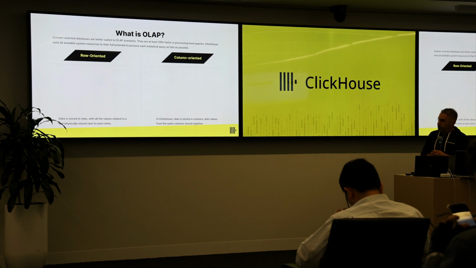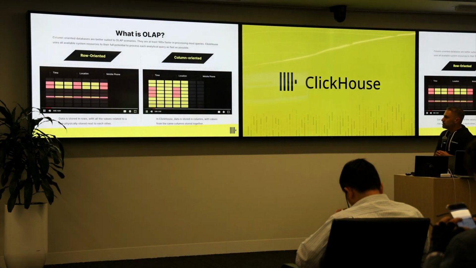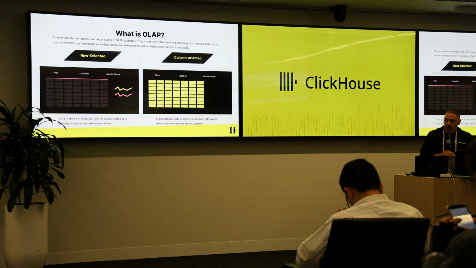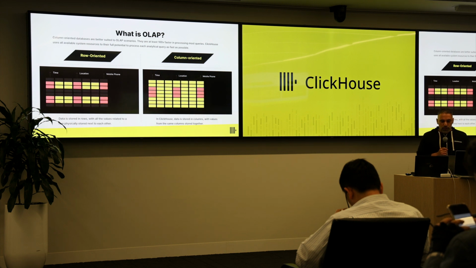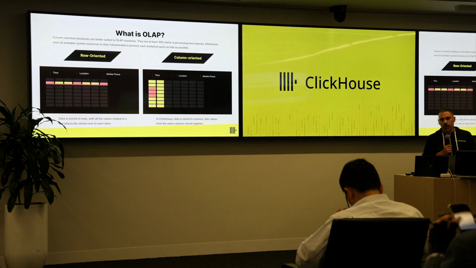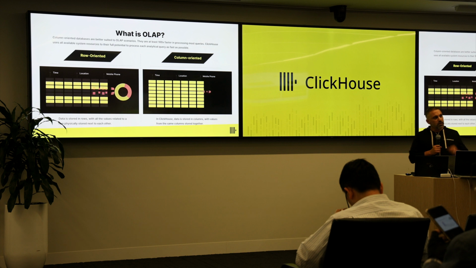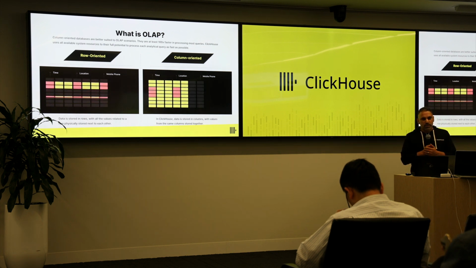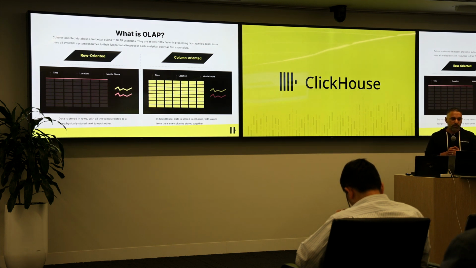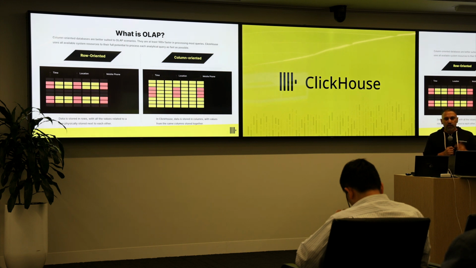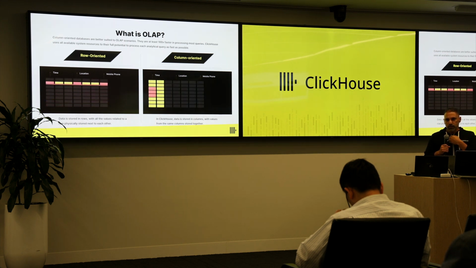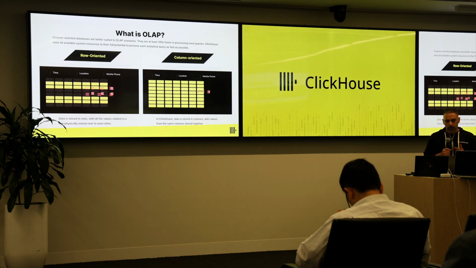And here's a really good representation of that. On the left there, we've got a traditional OLTP transactional database, and you can see that it's row-based. So every single query has to scan every single row to be able to find the column that it's looking for. And that can take a long time, especially when you're processing millions or billions of rows per second.